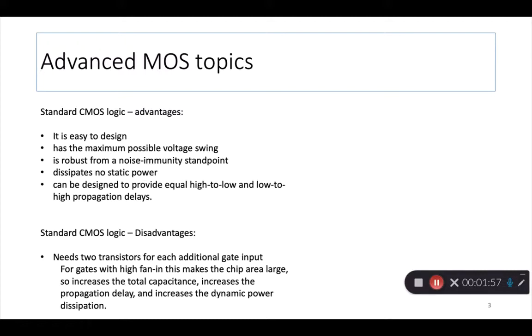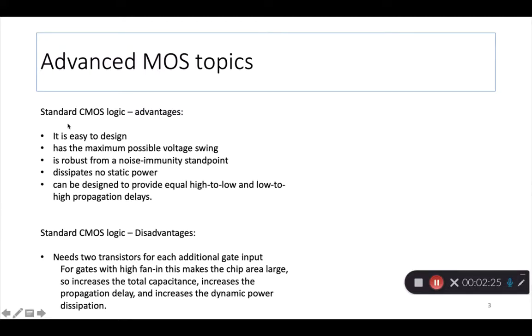So there are more techniques to use MOS technology, some tricks and special circuit approaches to help overcome some of the problems of MOS and CMOS so that we are able to do more with less cost. That's the goal of some of the ideas of this chapter.